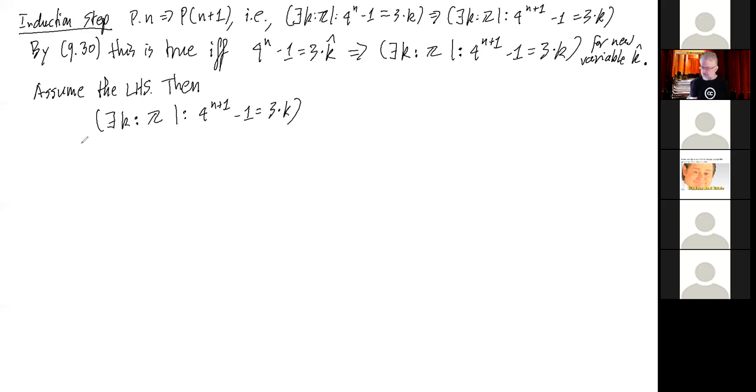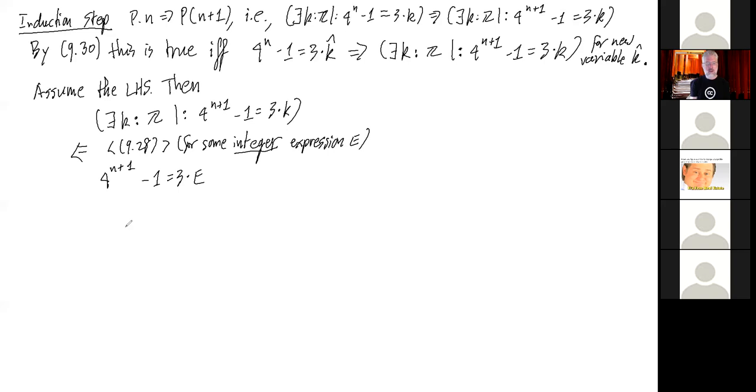Now, by 9.28, just like we did before on the base case, this follows from 4 to the n plus 1 minus 1 equals 3 times e, for some integer expression e. We've got to remember that it needs to be an integer. Okay, so now the trick is, can we find an e that works here?